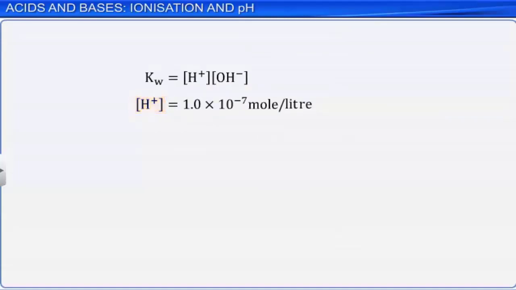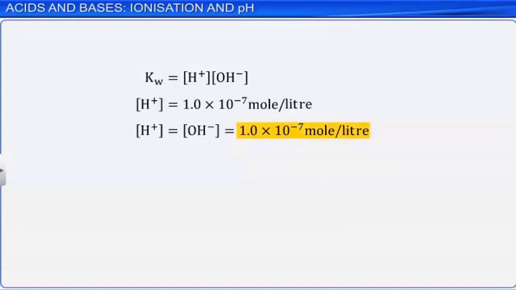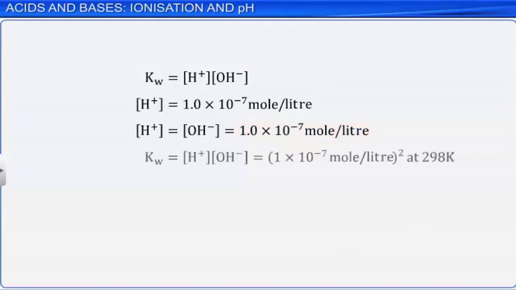Experimentally, the concentration of H plus ions at a temperature of 298 Kelvin was found to be 1.0 multiplied by 10 to the power of minus 7 moles per liter. The dissociation of water produces equal number of H plus and OH minus ions, and hence the concentration of OH minus would also be equal to 1.0 multiplied by 10 to the power of minus 7 moles per liter.